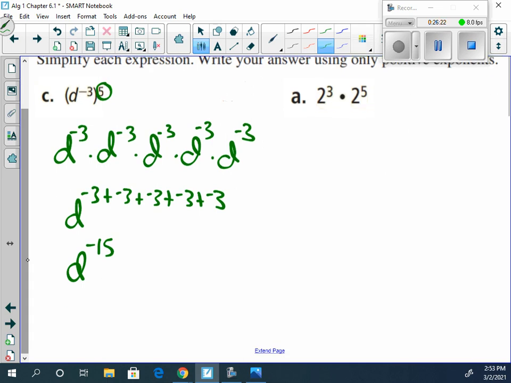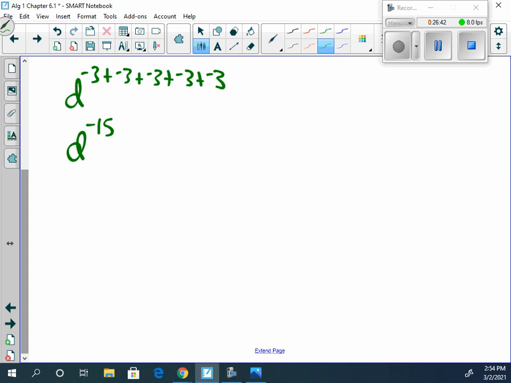What's negative 3 times 5? Or what's 3 times 5? So negative 3 times 5 would be negative 15. Wait a minute, that's the same thing, isn't it? Because we could have just multiplied them together. But we're not quite done because it is what? So we have to move it to the denominator.